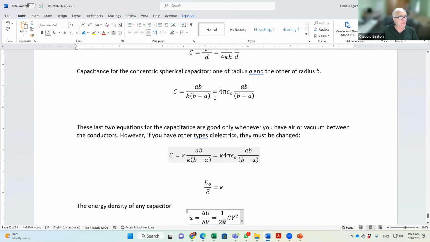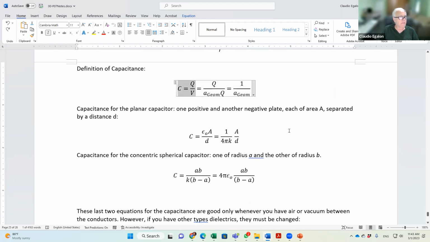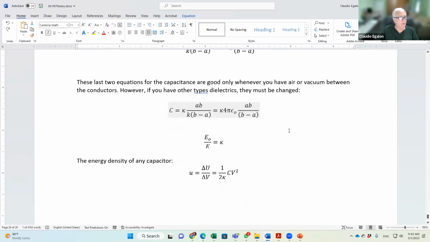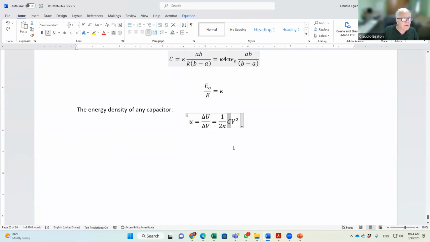By using this original definition of capacitance, you can get different relations for the, oh, wait a minute. No, it's not like that. Sorry, folks. The energy density is not this one.